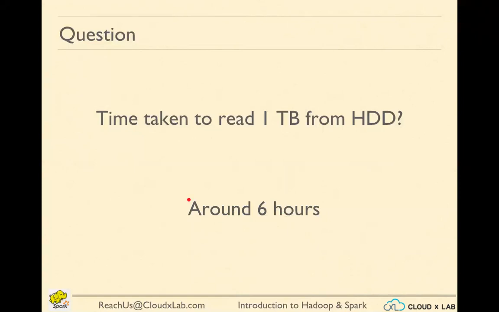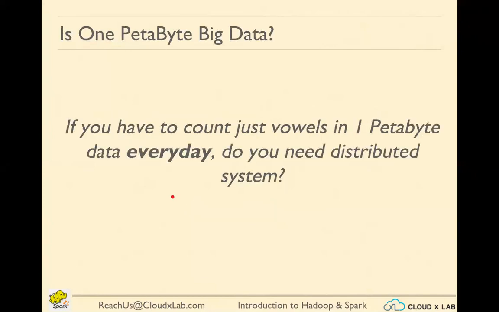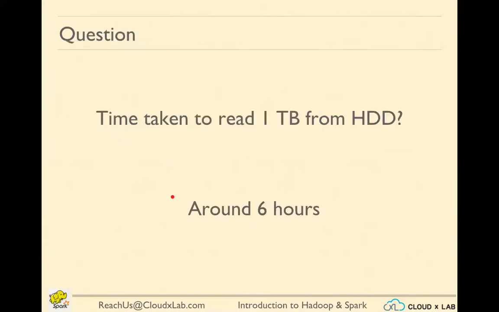So what we see here is that the time taken to read 1 TB from a hard disk is close to 6 hours, and no matter what the processor of your computer is, this does not depend on the memory or the CPU of your computer.